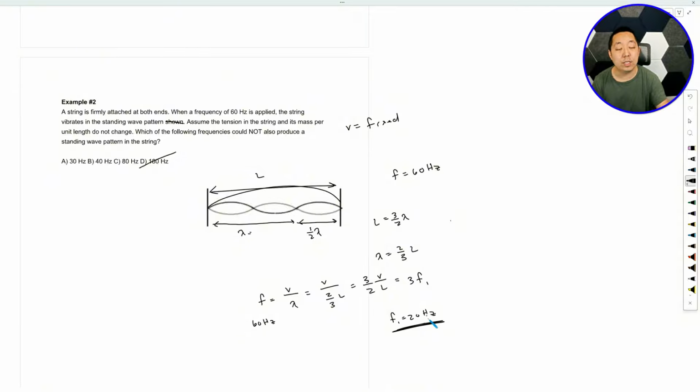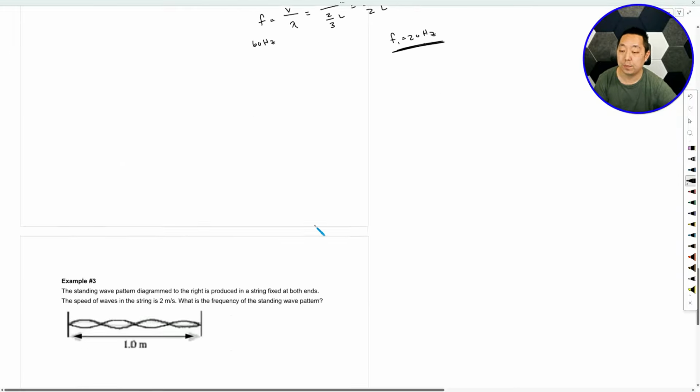So that means we can create any sound on this wave, any multiple of these 20 hertz. So we can create 40, we can create 80. We cannot create 30 hertz, though. The fundamental frequency would be 20 hertz, and then any multiple of that would come out based on the shape pattern there, okay?